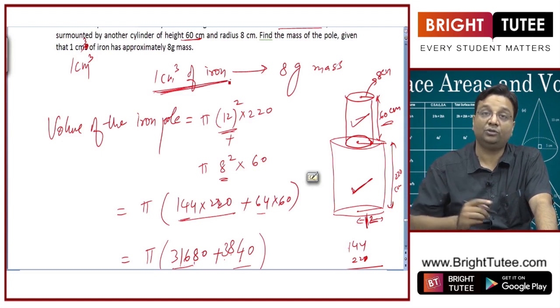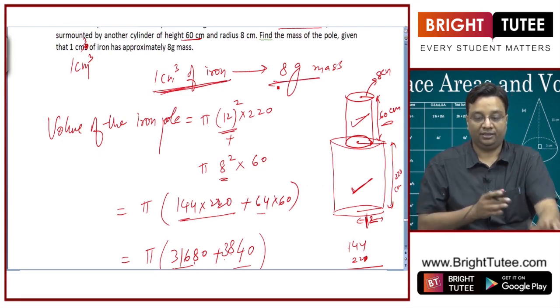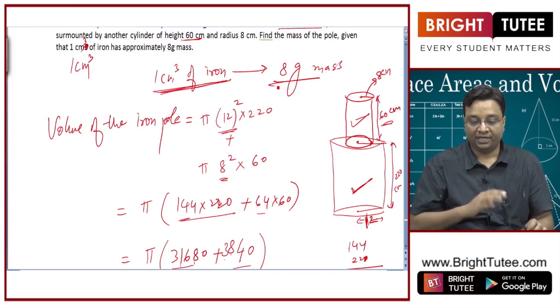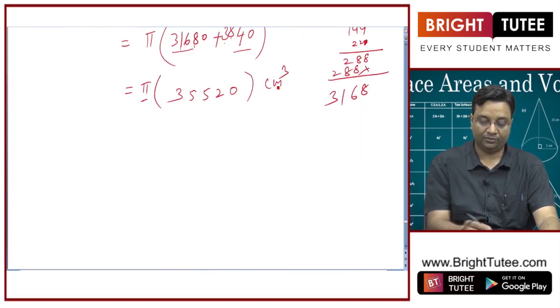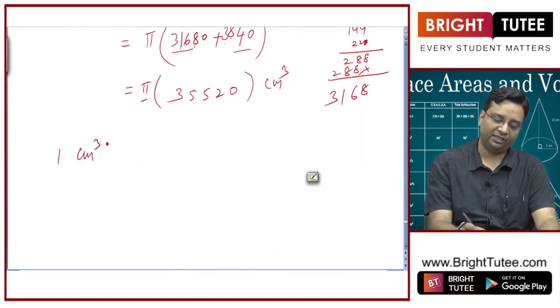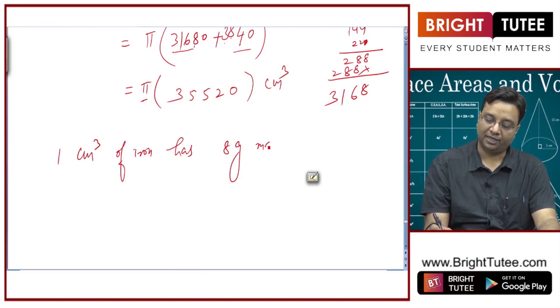So 1 centimeter cube of iron is equal to 8 gram of mass, right? 1 centimeter cubed of iron has got 8 gram mass. So unitary method, right? 1 centimeter cube of iron has 8 gram mass.